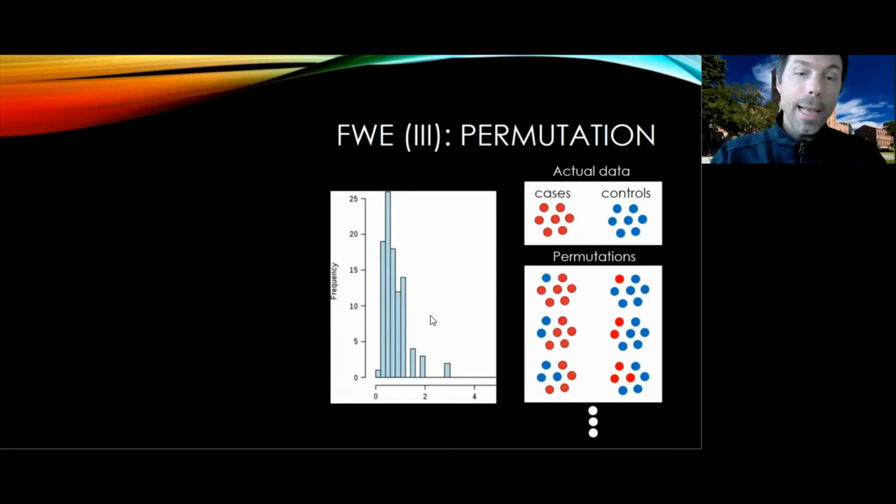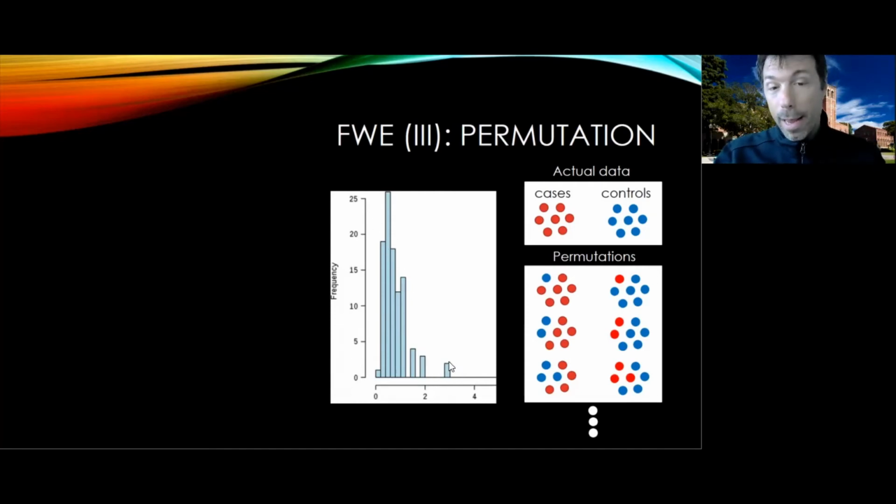Then what we do is we take the original value of the statistic, the original difference between reds and blues, and ask how extreme is the difference I get under the original labeling scheme, compared to if I shuffle them.